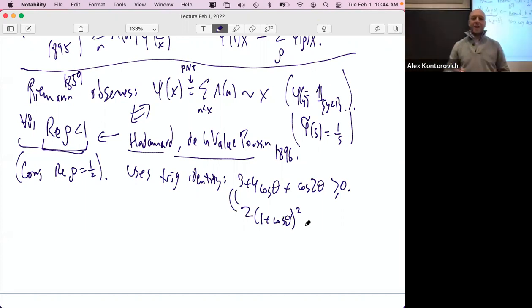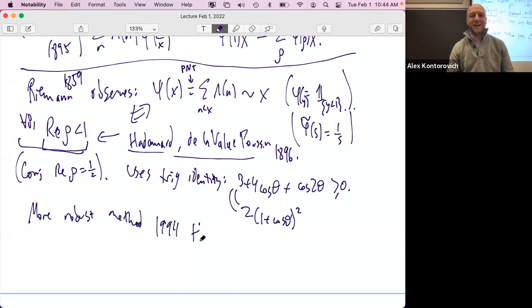I'm going to give you a more modern proof that works in much greater generality. It also applies to zeta, but there's a more robust, shall we say, method discovered in 1994 by Jeff Hoffstein. So this is Hoffstein-Lockhart, with some simplifying things in the appendix by Goldfeld-Hoffstein-Lieman.